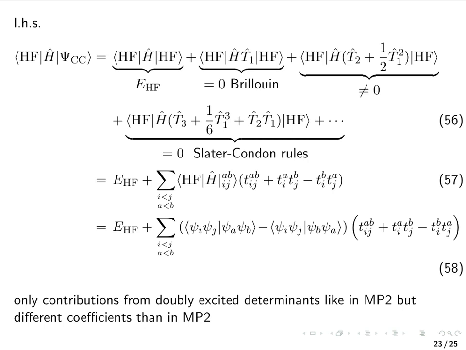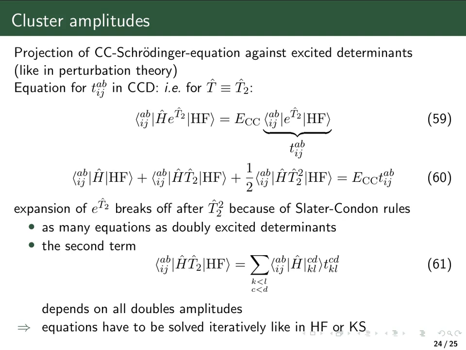If I don't include the T2 operator, I would not get this term. Or if I don't include the T1 operator, I would not get this term. But as long as I have a T1 and a T2 operator, I will get this full expression. But whether I have a T3 or T4, T5, whatever operator, they can't contribute to the energy because of the Slater-Condon rules.